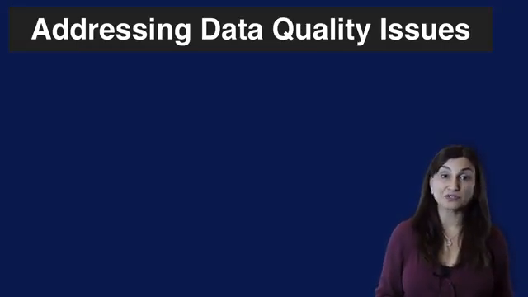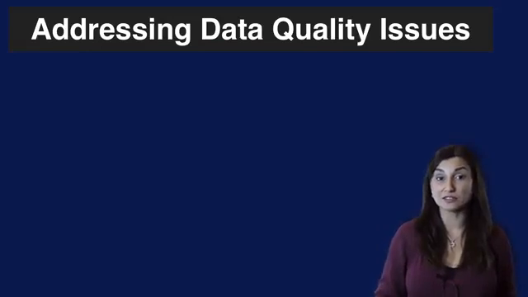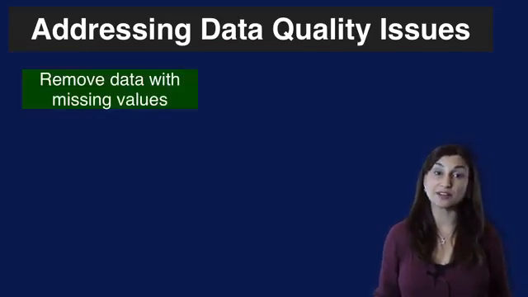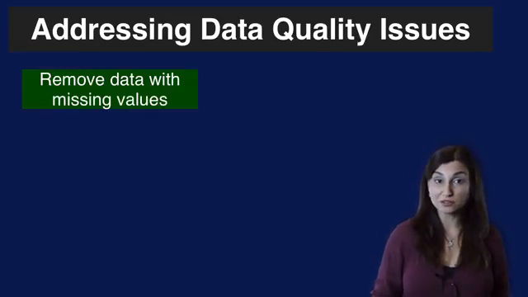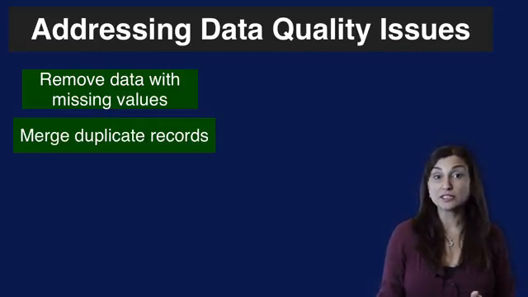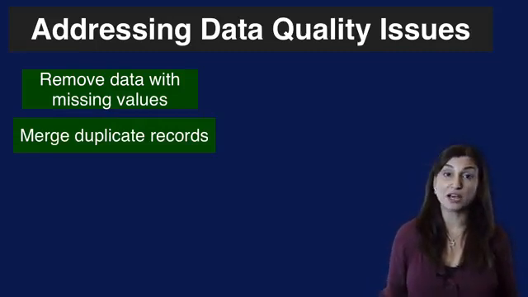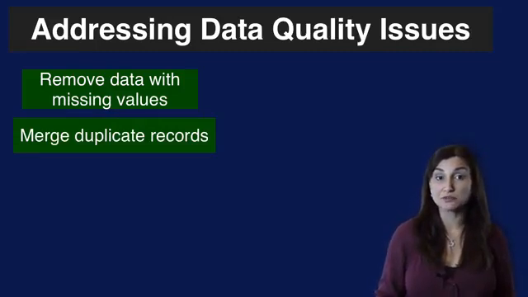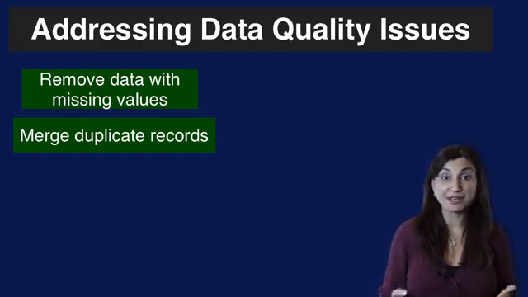Here are some approaches we can take to address these quality issues. We can remove data records with missing values. We can merge duplicate records. This would require a way to determine how to resolve conflicting values. Perhaps it makes sense to retain the newer value whenever there's a conflict.